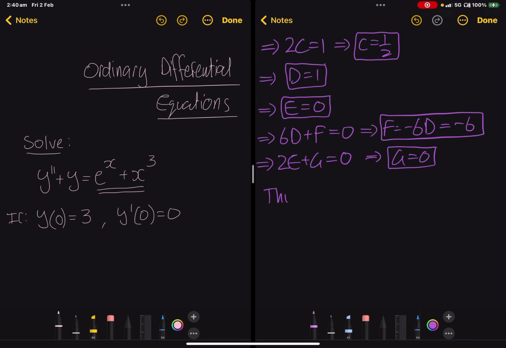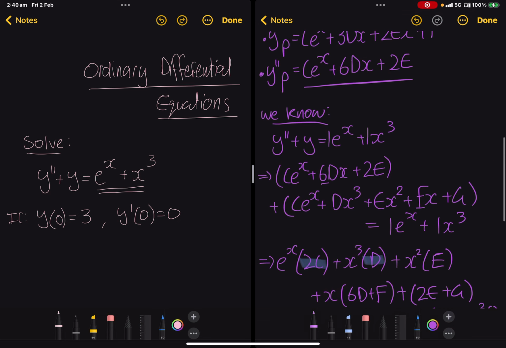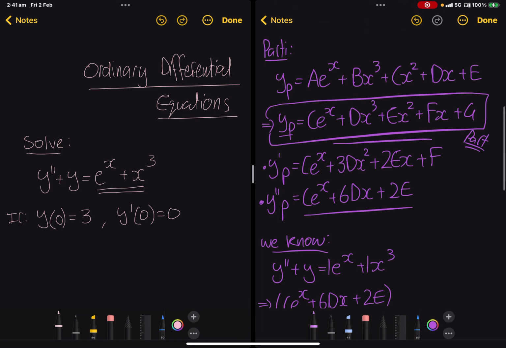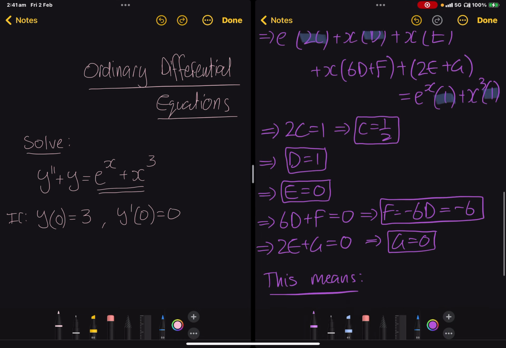So this means that y particular is now equal to, well, this was our y particular up here, c e to the x and then the polynomial.